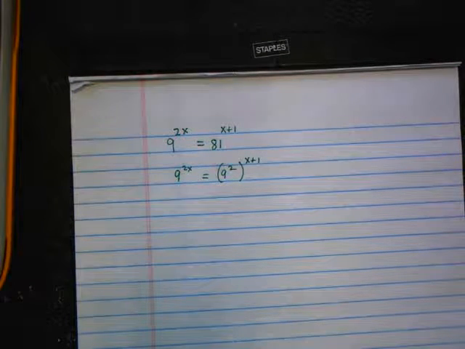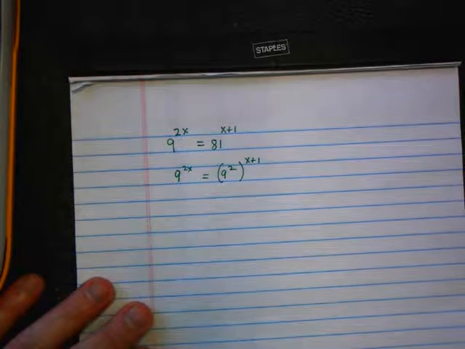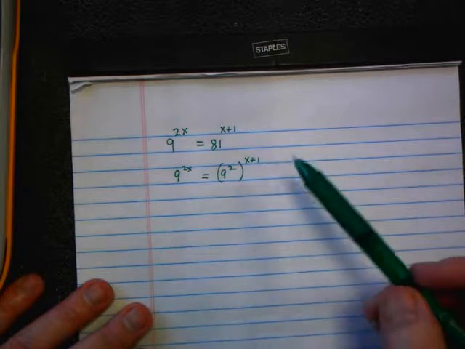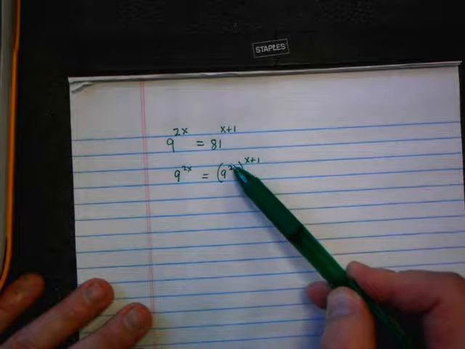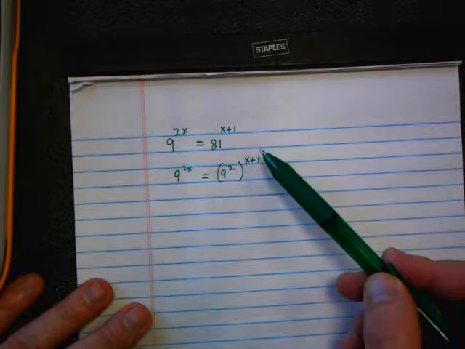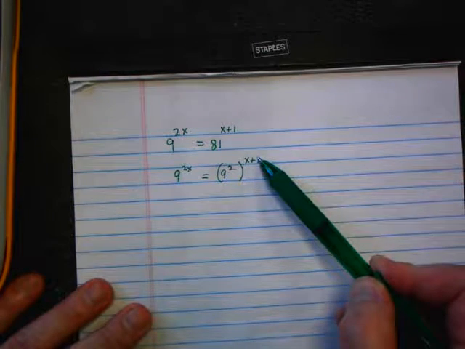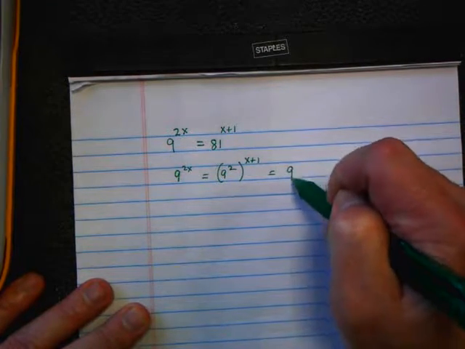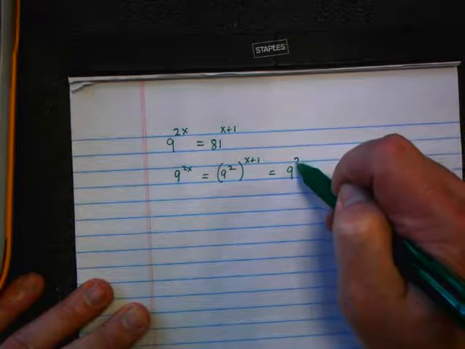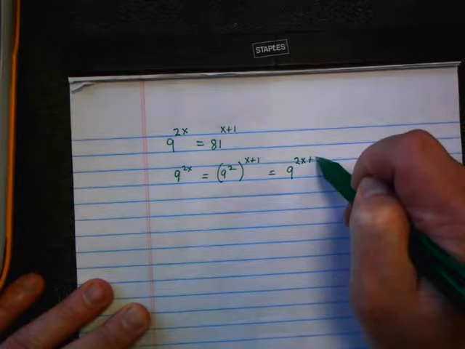And on the right hand side, what happens? Oh, I gave you a bad problem. We're going to see why in a minute. What happens when you have a base to a power followed by yet another power? You multiply those powers, don't you? So this is going to be 9 to the 2x plus 2.